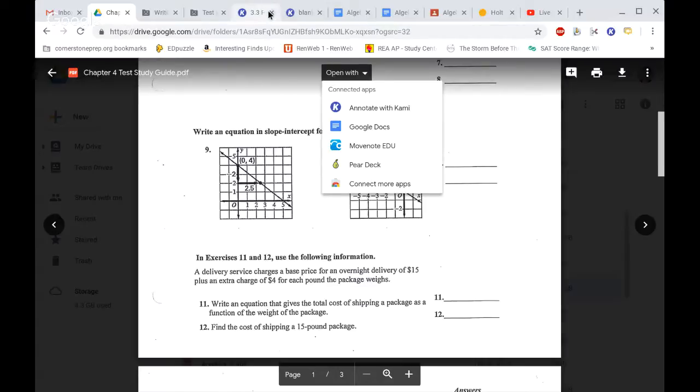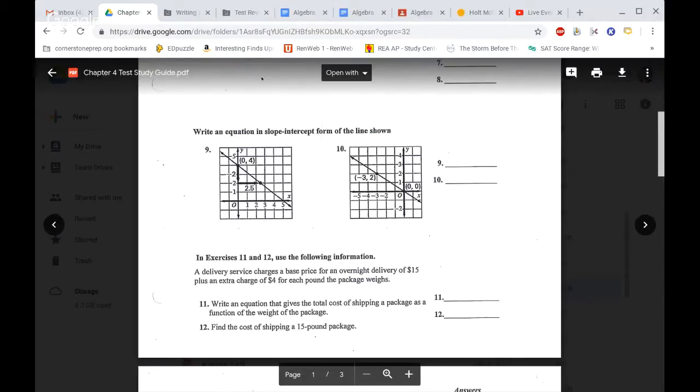Could you explain how to do numbers 9 and 10? Yes. While we're looking at it, I can't write on it, but where does that line cross the y-axis on number 9?